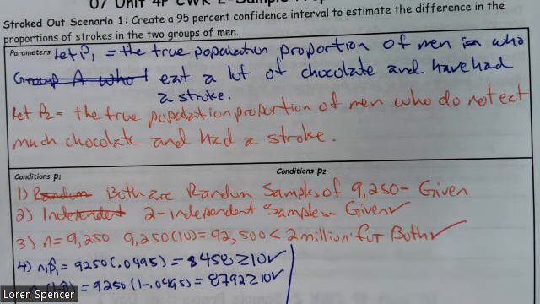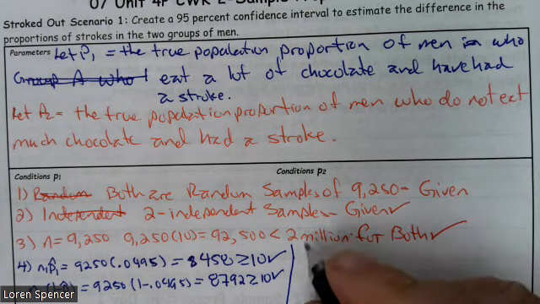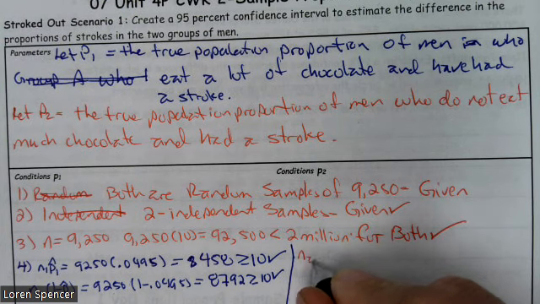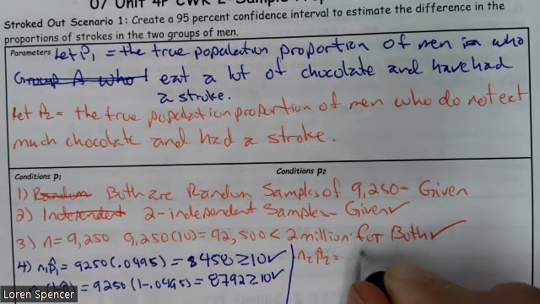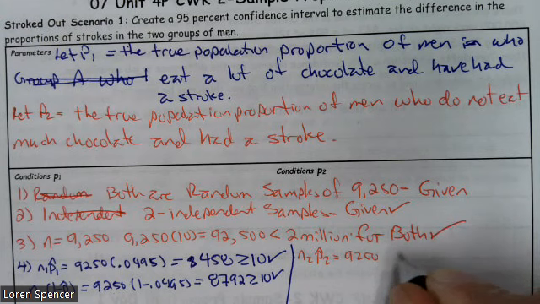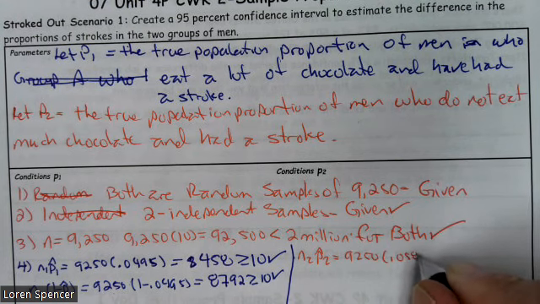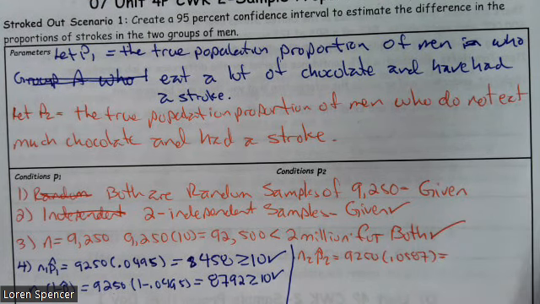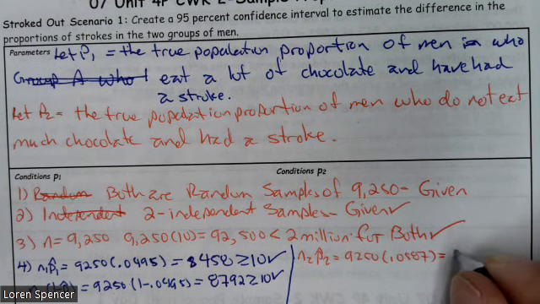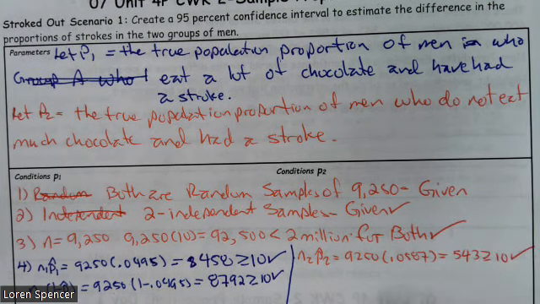Then we do the same thing for n2 p2. n2 p hat 2 equals 9,250 times 0.0587, and that equals 543, which is greater than or equal to 10, so that's good.